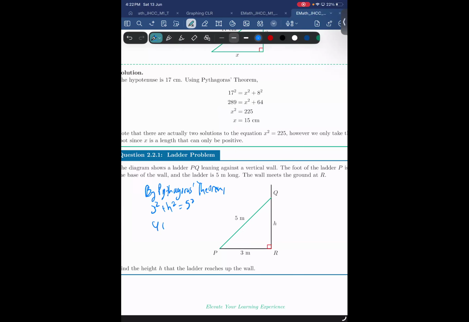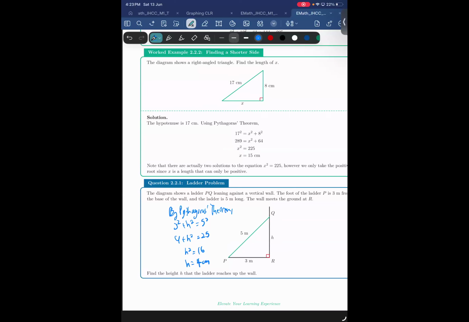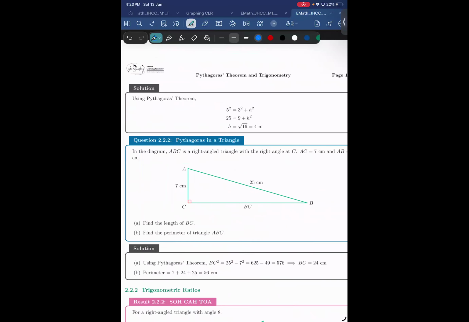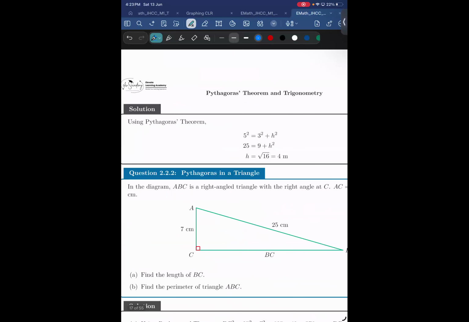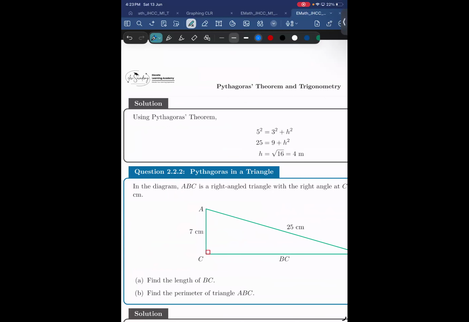So 9 plus h squared equals 25. Minus 9 on both sides, h squared is 16. Then you square root it, it will be plus or minus 4, but you can just reject the minus. So h is 4 cm. Very simple example, about 2 minutes.